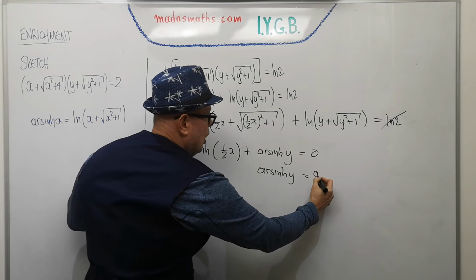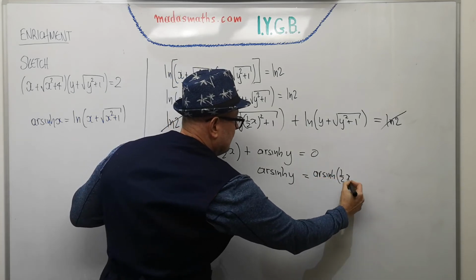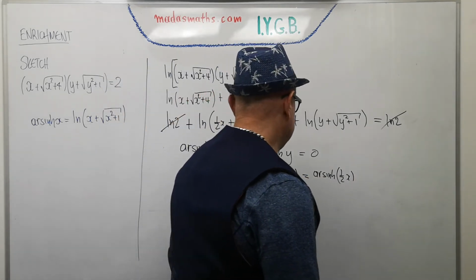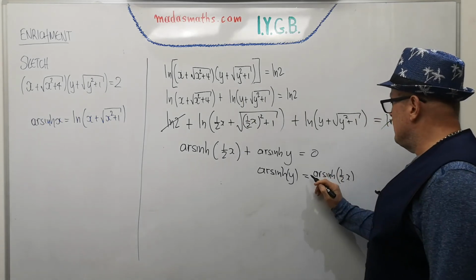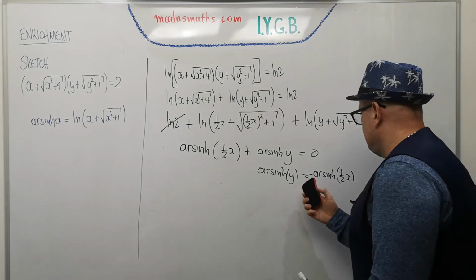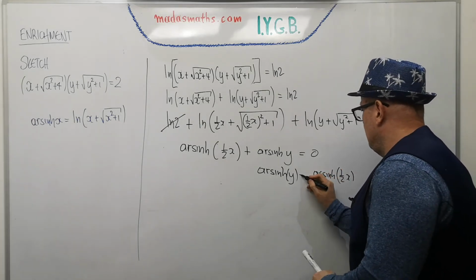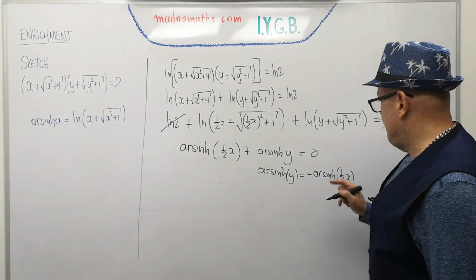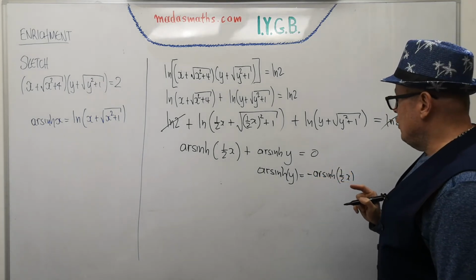So it's going to be equal to the arsinh of half x. And let's note that the arsinh is an odd function. So, oops, I made a mistake, and there should be a minus there. Let's make a little bit more room with the equal. And let's see that. That's by moving obviously the arsinh of half x to the right. Now, as I was saying, the arsinh is an odd function.